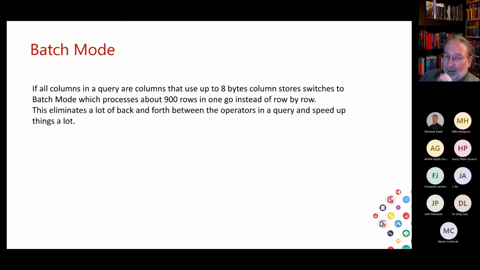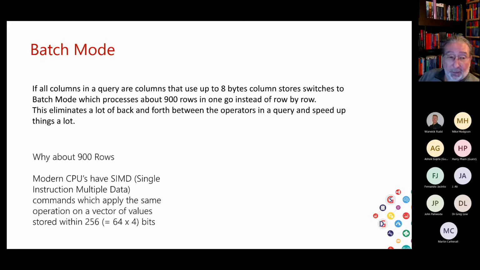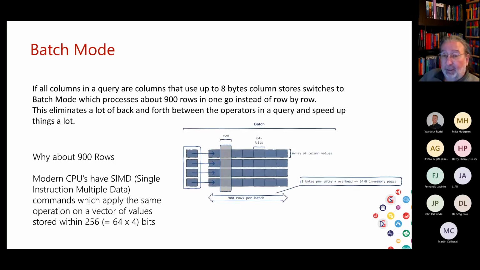And 900 is, I think the actual number right now is 918, but that's an implementation thing. So with every version and with every patch of SQL Server, that number can change. It's about 900 rows. The reason for that is the single instruction multiple data: they process 4 columns at a time.